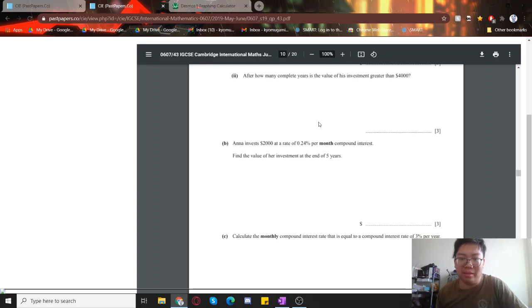Yeah, his was compound. Again, same type of question. This time we get 1.0024, but it says per month. That means every month, so for every year, she's going to have 12 times the, what should we call it?